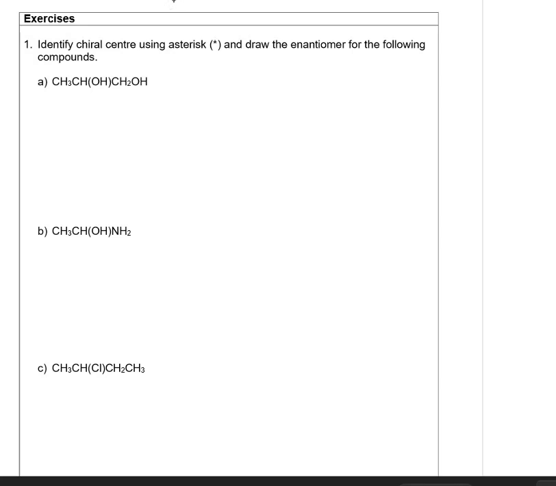Identify chiral center using asterisk and draw the enantiomer for the following molecule. So CH3 cannot become chiral carbon. CH2 cannot become chiral carbon. Okay, this carbon is a chiral carbon because that carbon is attached to 4 different groups.